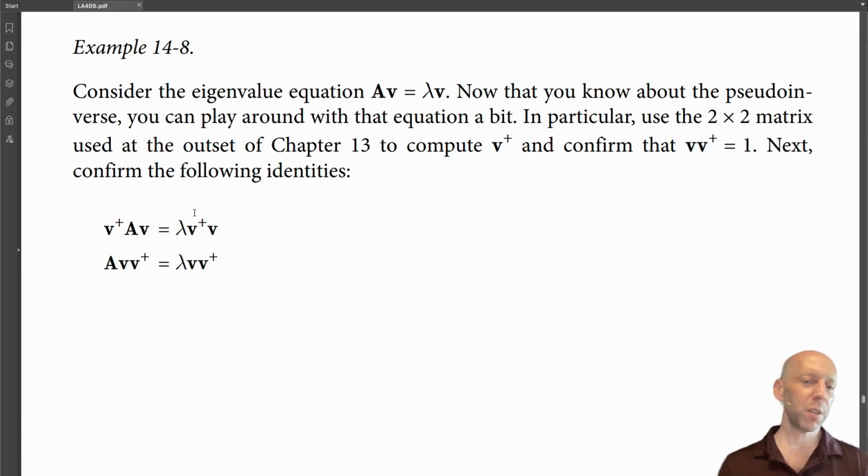And then just explore the following identities. Really, all I'm doing here is just playing around with this equation. Again, there's no deep theoretical significance to these equations. I'm really just trying to encourage you to come up with ways to use Python to keep exploring concepts in linear algebra and statistics and machine learning on your own.